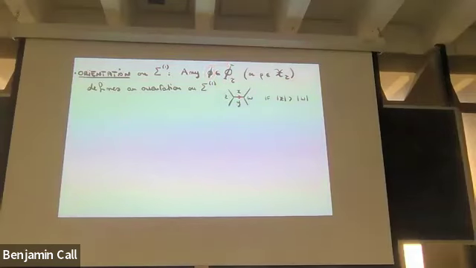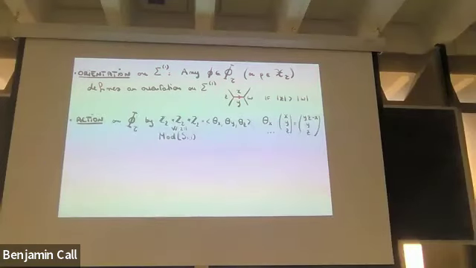Every time you give me a Markoff map, this defines an orientation on the edges of my graph sigma, because you go towards the complex number with smaller norm.